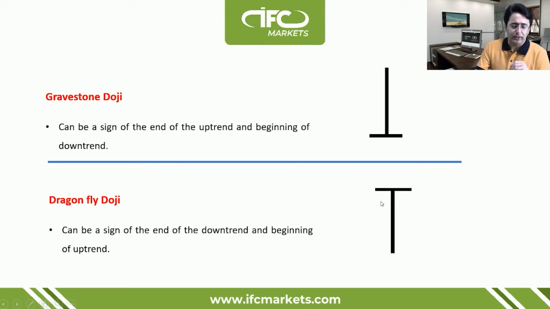It tries to go lower, but it cannot, and it's back to the opening price and closes at the opening price. So the current downtrend is going to end, and we are going to start a new uptrend, and the trend is going to be reversed from here.